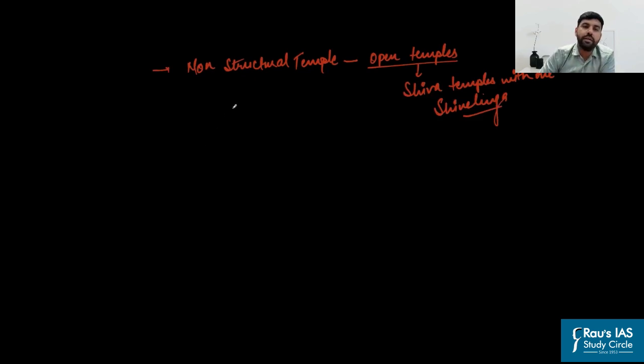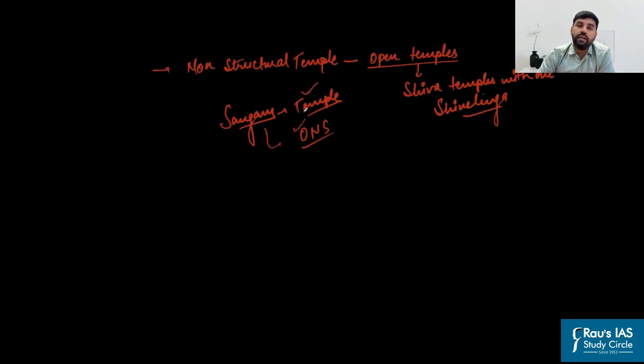Because as per the Sangam literature, we find evidence of temples. Now you will say, sir, on the ground we don't have such examples. Because in Sangam literature we find the evidence of Om Namah Shivaya being written. So it means the reference to temples is there. Haven't you heard the story of Kanagi?